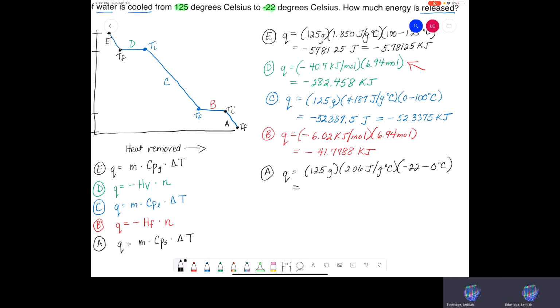Okay, let's do the math. 125 times 2.06 times negative 22 minus 5665 joules. Convert to kilojoules. Minus, move your decimal point back 3 spots. 5.665 kilojoules.